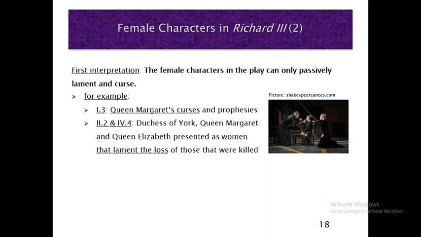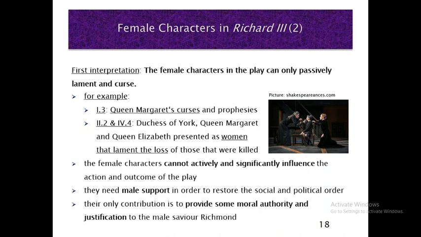And these scenes, these instances could be used as an argument for the thesis that the female characters in the play can only passively lament and curse and basically only observe, suffer. So the female characters, this is part of this interpretation, cannot actively and significantly influence the action and the outcome of the play.